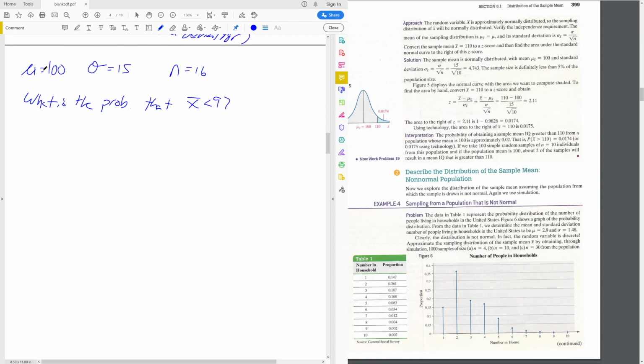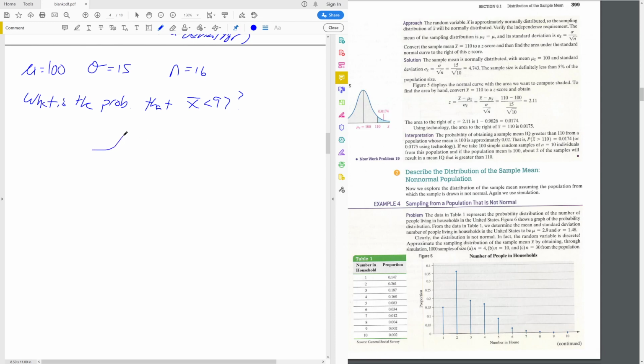Okay, so we know that the actual average is 100, the actual standard deviation is 15. I want to know the probability that when I take a sample of 16, I get some average that's less than 97. So this is a very similar question to what we were doing in Chapter 7.